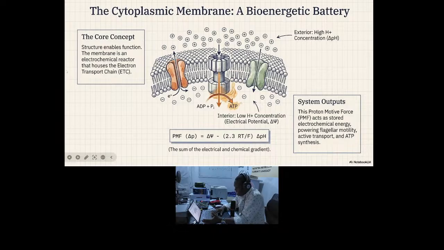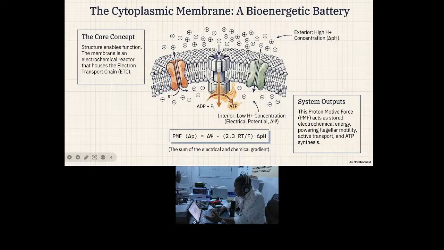So the membrane is an electrochemical reactor that assists the electron transport system. You can see the way electrons are being exchanged. Interior, we have low hydrogen concentration, because you can see all of them are negatively charged. So more hydrogen will be driven from outside to the inside.